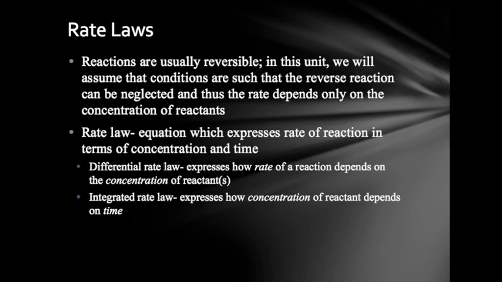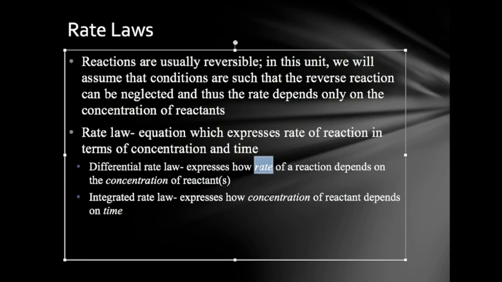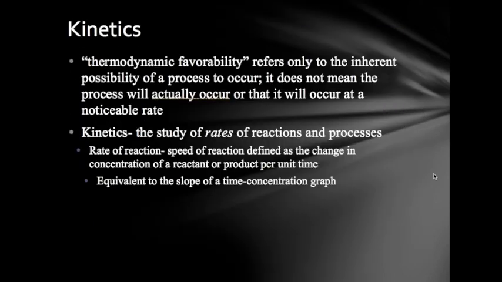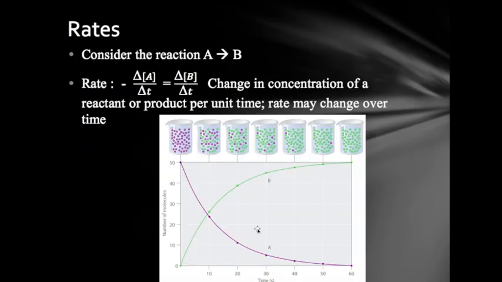We have the differential rate law. Very important that you understand that a differential rate law is an equation that relates the rate of a reaction with the concentration of reactants. Listen, we have already discussed that as time goes on, the rate of a reaction typically changes because the rate depends on how much there is to react.